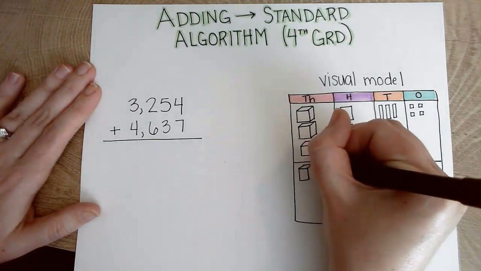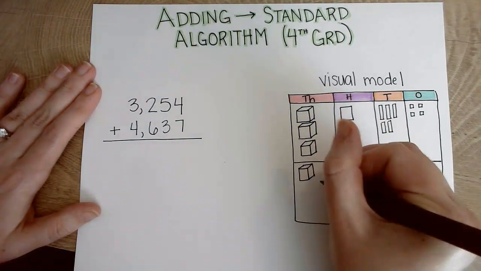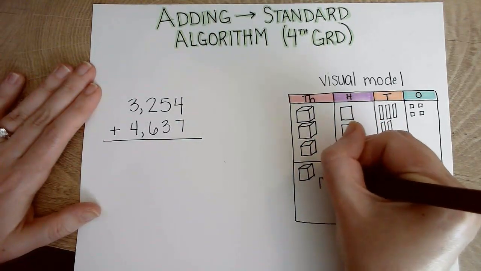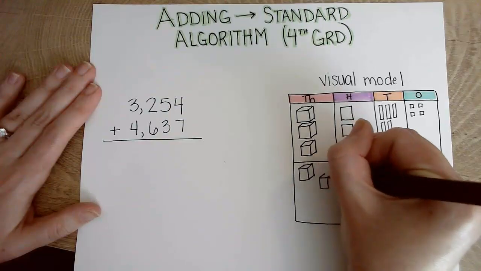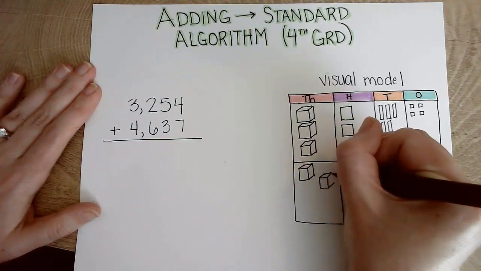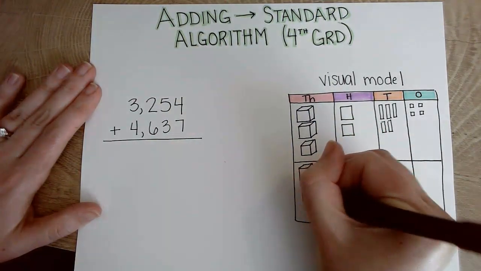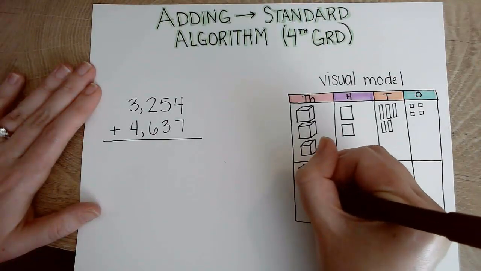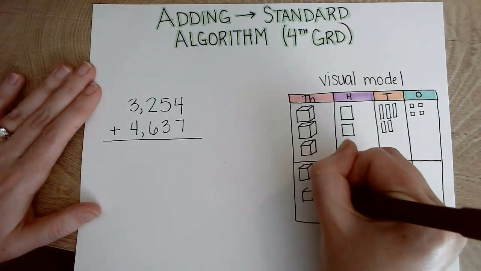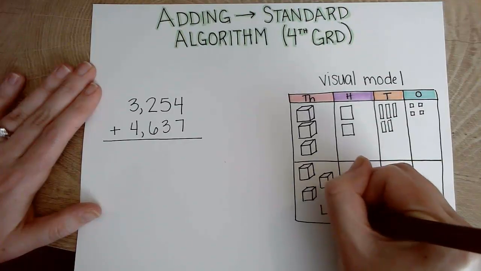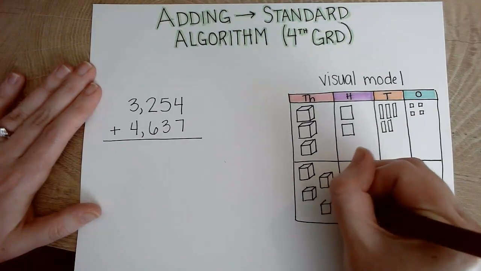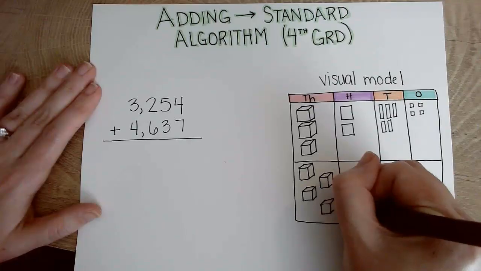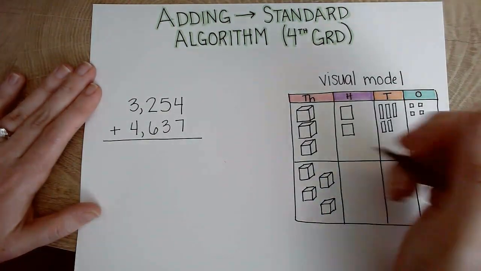Now I'm going to do the same thing for our second number, our 4,637. So again, this time I'm drawing 4 thousands cubes, making sure I'm giving myself some room here. There we go. 600s.